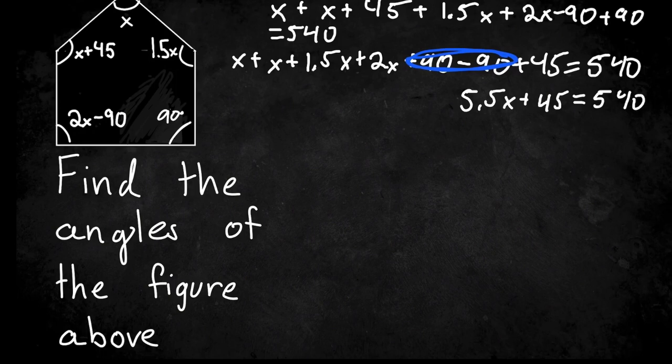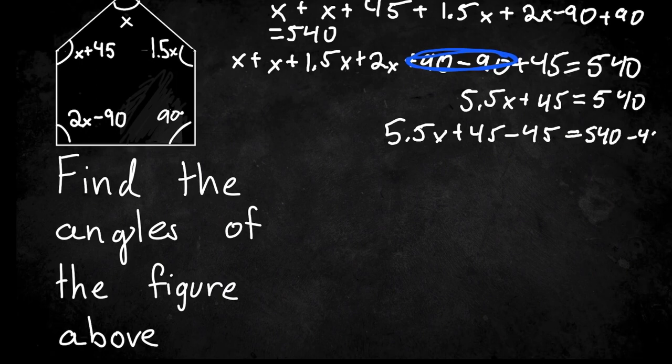We use the inverse operation to take out the 45. That means 5.5x plus 45 minus 45 equals 540 minus 45. This equals 0, and 540 minus 45 equals 495.